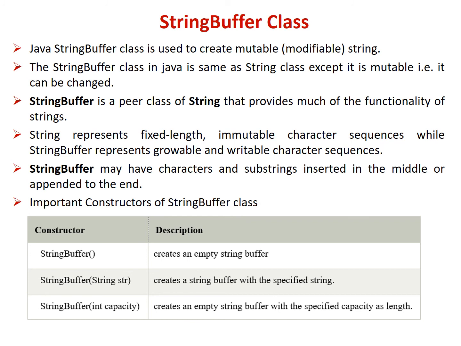String represents fixed length, immutable character sequences, while StringBuffer represents growable and writable character sequences. StringBuffer may have characters and substrings inserted in the middle or appended to the end.